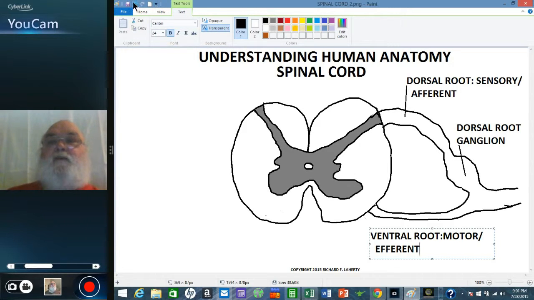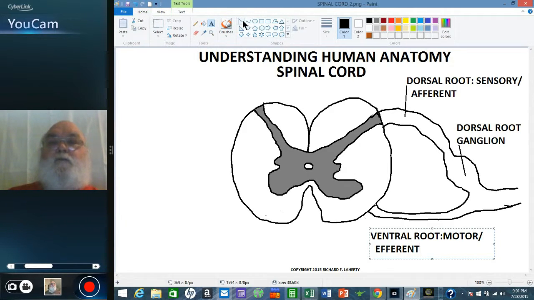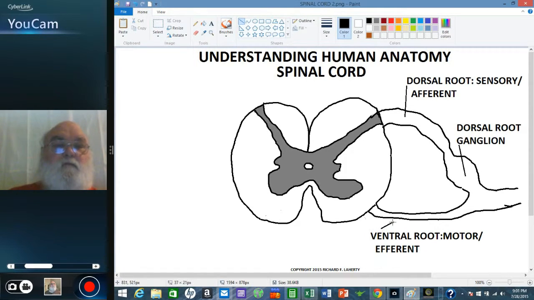So the ventral root is strictly motor, and the dorsal root is completely sensory. They come together to form the spinal nerve, and the spinal nerve then is carrying both sensory and motor, both afferent and efferent information.